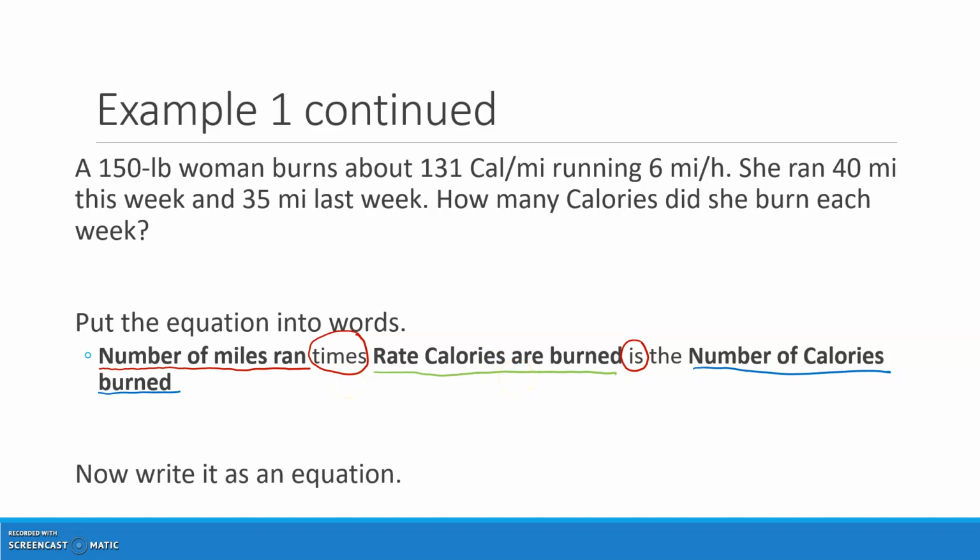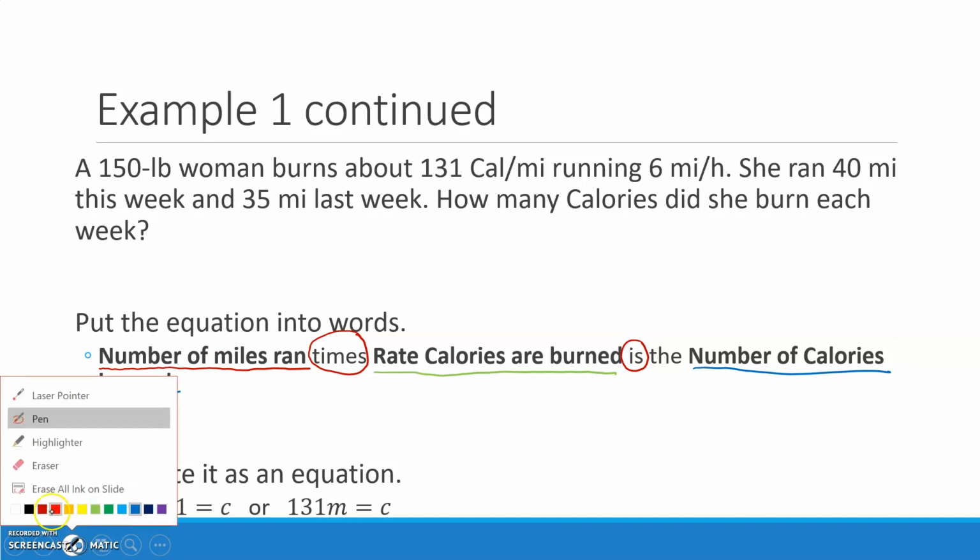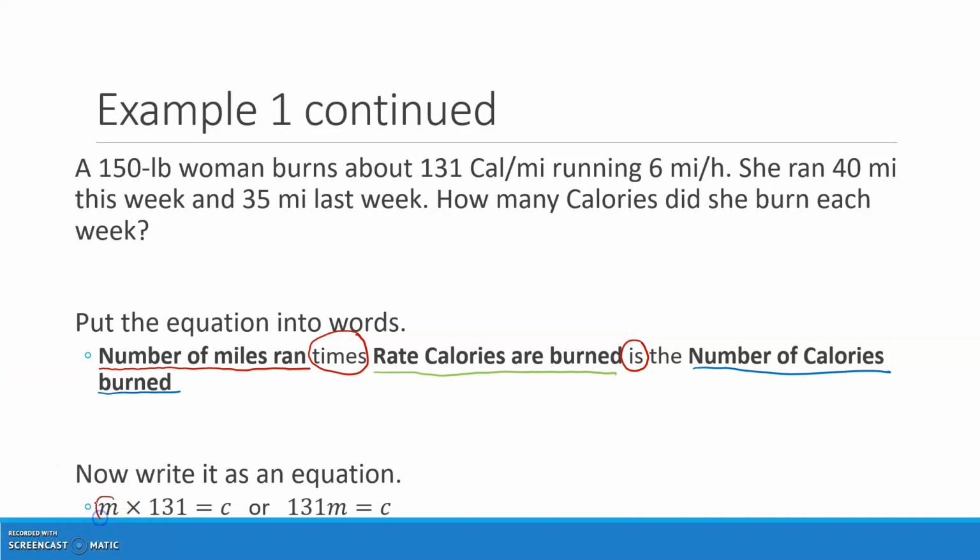And then once we have it in words, we can write it as an equation, something that we've seen up till now. The number of miles ran, we use M for miles. Let me underline it. We've got miles. And then we have that operator times. Times is multiply.